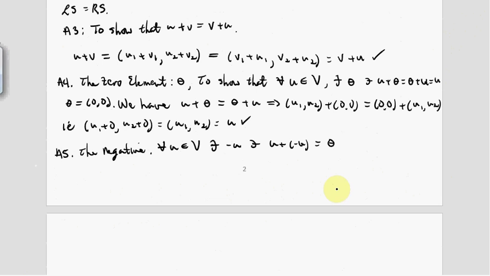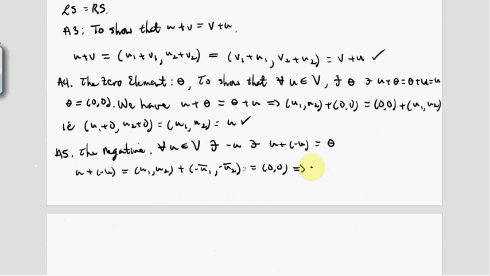Well, here the negative element will be just the direct negative translation of the vector. So here u plus negative u is equal to u sub 1, comma, u sub 2 plus, let's say for example, if you don't know what that is, and sometimes you may not, so we'll use generic, simple rigor, negative u sub 1 hat, comma, negative u sub 2 hat, is equal to here 0, comma, 0.